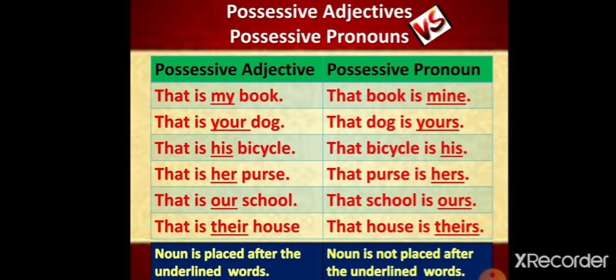Okay, so as you can see, when we talked about possessive adjective, noun is placed after द अंडरलाइंड वर्ड्स, जो भी ये अंडरलाइंड वर्ड्स हैं, माई, योर, हिज, हर, आवर, देयर, इनके बाद नाउन है. ओके, एंड व्हेन वी टॉक अबाउट possessive pronoun, noun is not placed after the underlined words. नाउन जो है वो अंडरलाइंड वर्ड्स के बाद में नहीं है. दैट इज़ वाई ये एक possessive pronoun है. ओके, pronoun है इसलिए समझ में आ रहा है क्योंकि नाउन नहीं है.